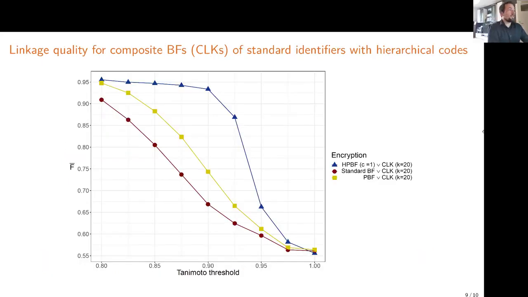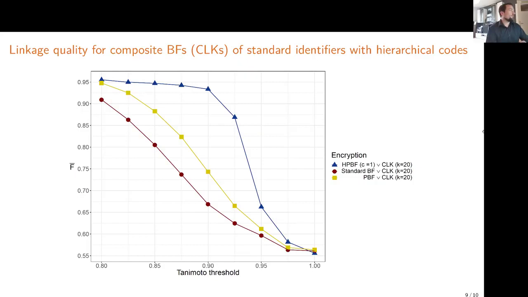To add to that, linkage quality for a privacy-preserving record linkage setting is something that we briefly touch upon, using a cryptographic long-term key, which is a composite Bloom filter of first name, last name, and date of birth. These are always there in all of these settings, and you can then add the diagnostic code to this as an additional identifier.